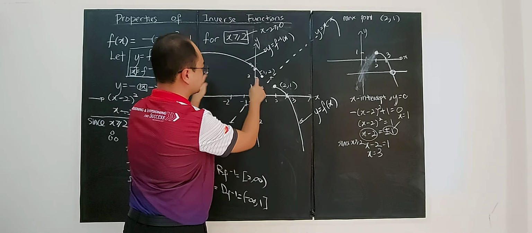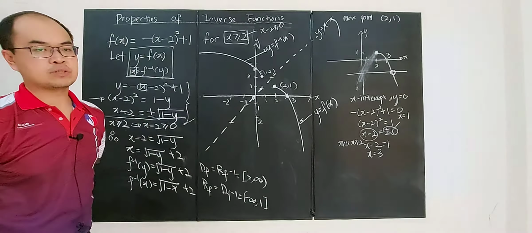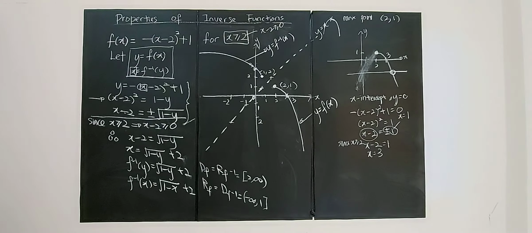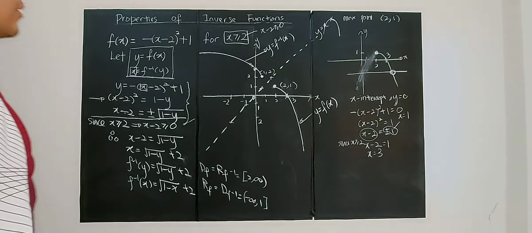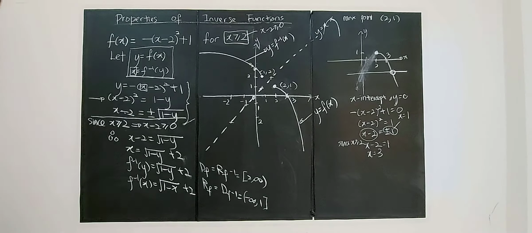The range here becomes the domain for f inverse. So these are the properties of the inverse function graphically, using the graph. I hope you understand the properties here, and we may discuss further examples for this type of case.